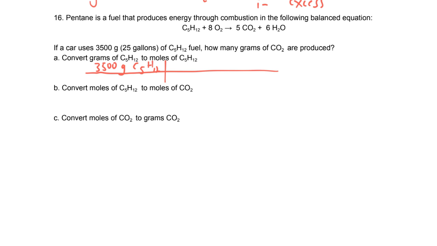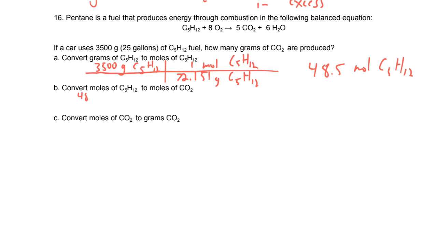So 5 carbons plus 12 hydrogens gives me 72.151 grams of C5H12 to 1 mole of C5H12. And then do the 3,500 divided by that number to get 48.5 moles of C5H12, and then convert moles.